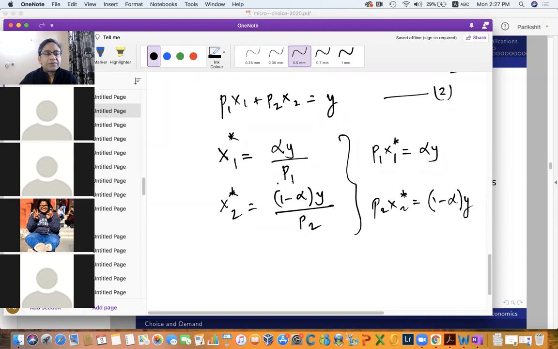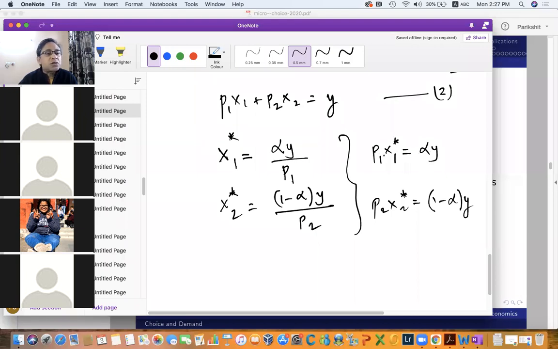So that means if the consumer's income goes up by 10%, her consumption of each good will rise by exactly that same 10%. Which you can see in this equation. These two equations say that the consumer spends a constant fraction of her income on each good. Okay, an alpha fraction.